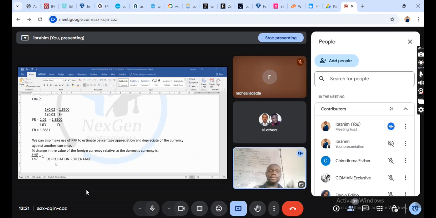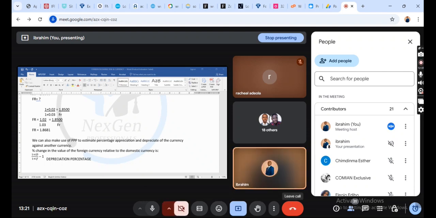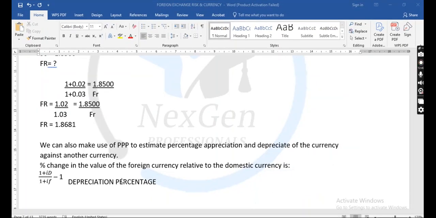We'll get there. I'm just giving an explanation. So this is the formula for calculating the percentage decrease, which is the depreciation percentage. Now, what is the formula for calculating if a currency is actually appreciating?